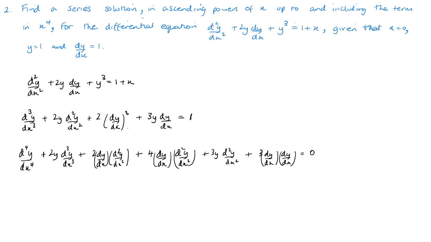So let's go ahead and sort this one out. So d4y by dx to the 4 plus 2y d3y by dx cubed. There are no other terms like that in there, so let's keep that the same.